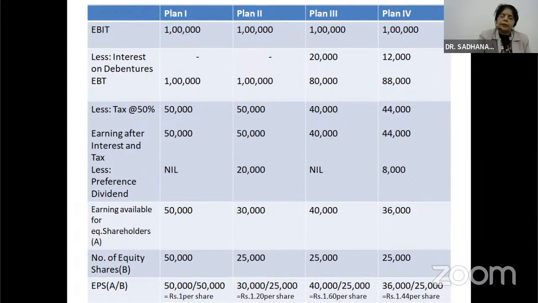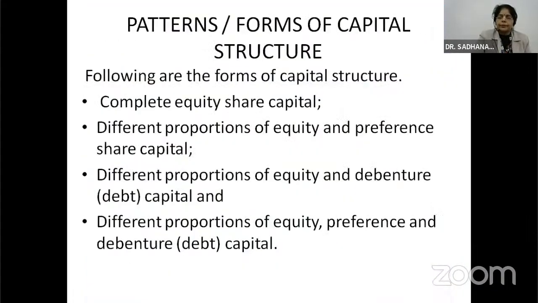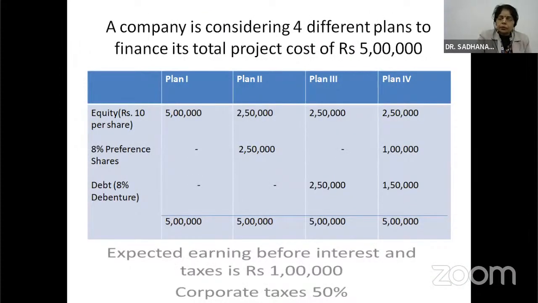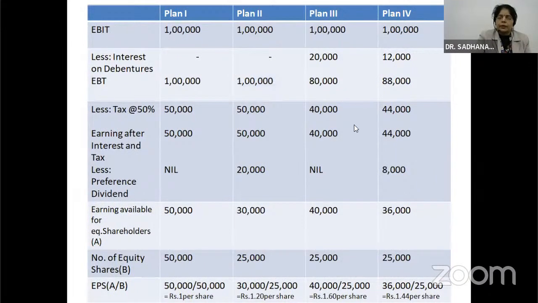It remains 1 lakh as EBT, and in plan 2 we are not using debentures, so EBT is also 1 lakh. In plan 3 we are using debentures of rupees 2,50,000 at 8%. The amount of interest on debentures is 20,000, which we deduct from rupees 1 lakh. It comes 80,000 as EBT in plan 3.